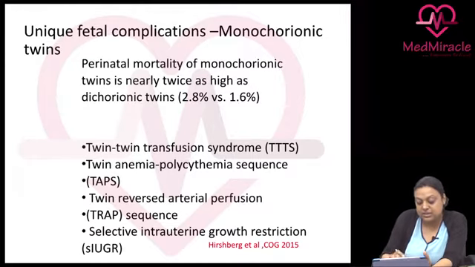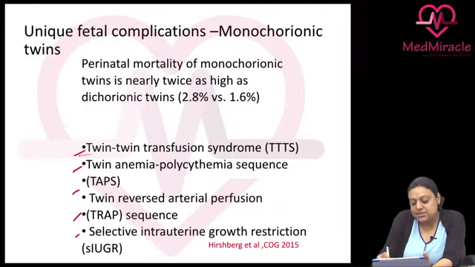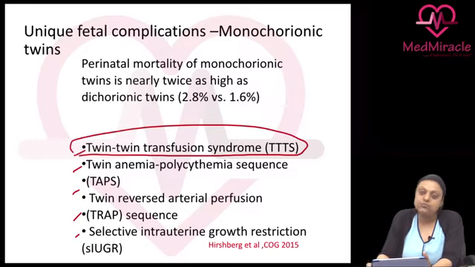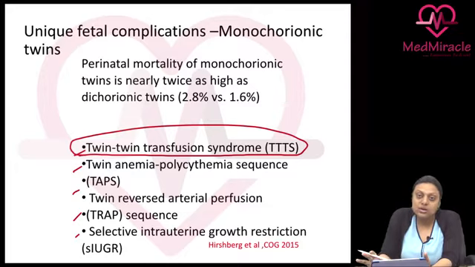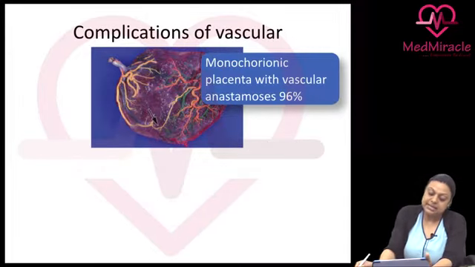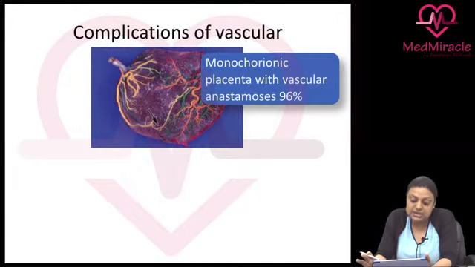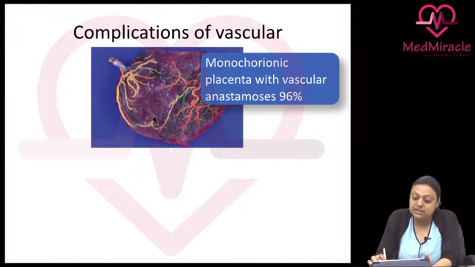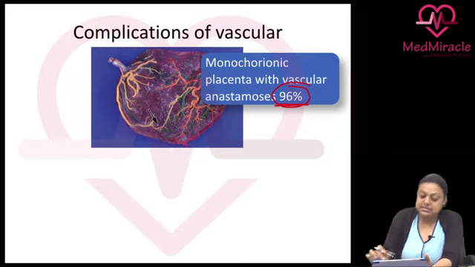You just need to know the name of each and a few things about twin-twin transfusion syndrome for your MCQ purpose. First of all, make a concept that these are all associated with monochorionic twins per se. Most of these are because of vascular complications. In the monochorionic placenta, there is vascular anastomosis to the tune of around 96%.